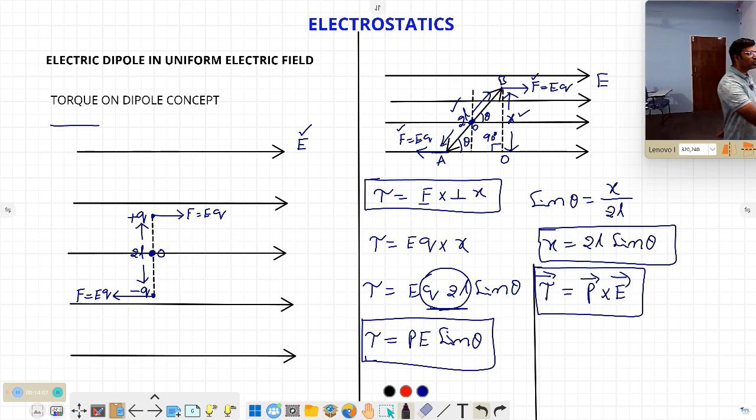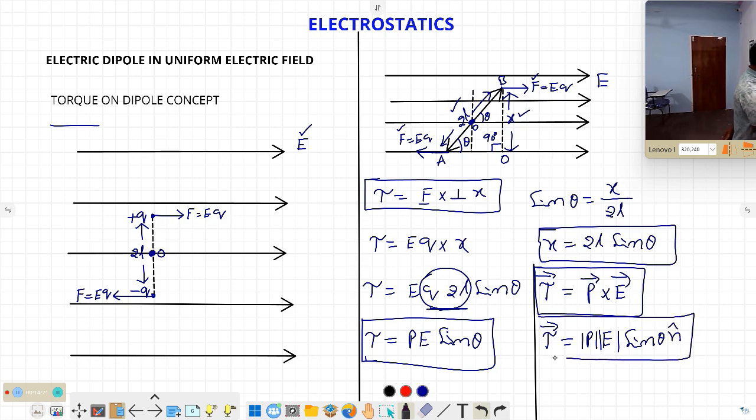If you remove the cross, the torque is equal to the magnitude of P, magnitude of E, and the sine of the angle between them. If you want to write it in a particular direction, you can write n cap as a unit vector direction. So this is the concept of torque.